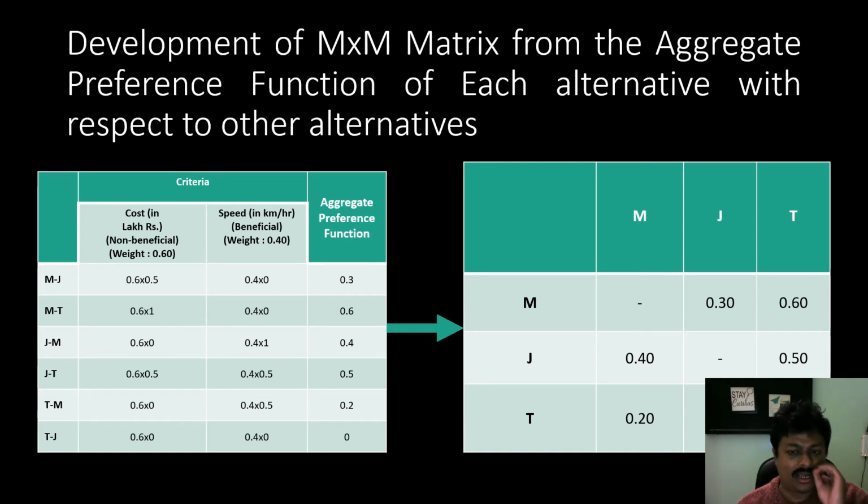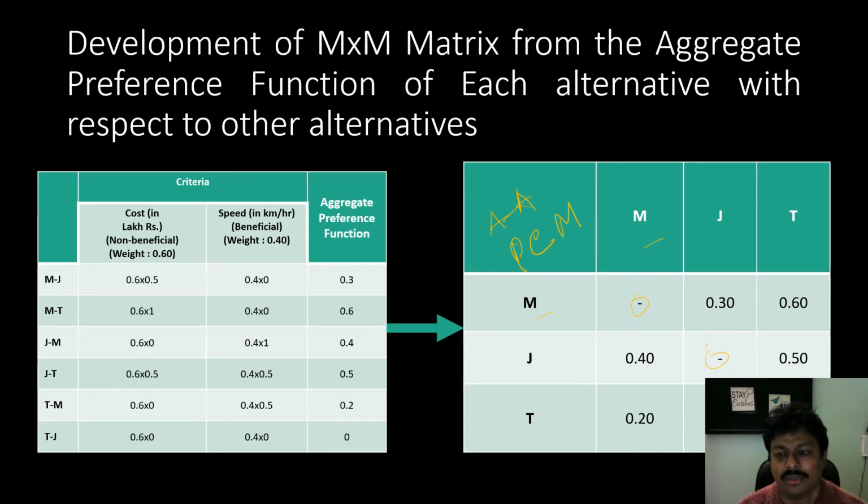Now after getting the aggregate preference function, you will create the alternative pairwise comparison matrix, right? So how you create it? M and M, nothing done, J and J, nothing done, T and T, nothing done.